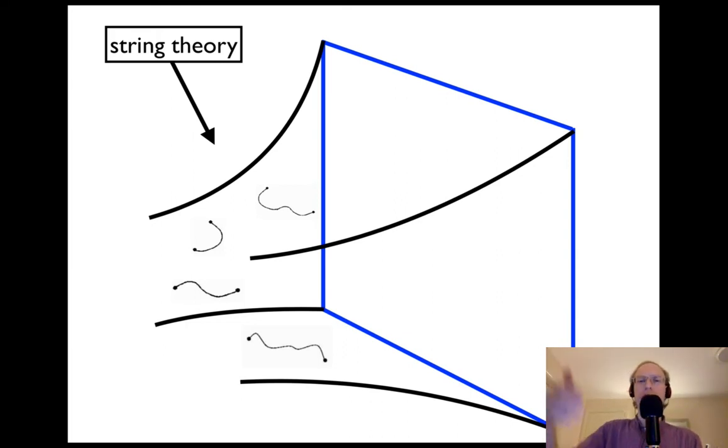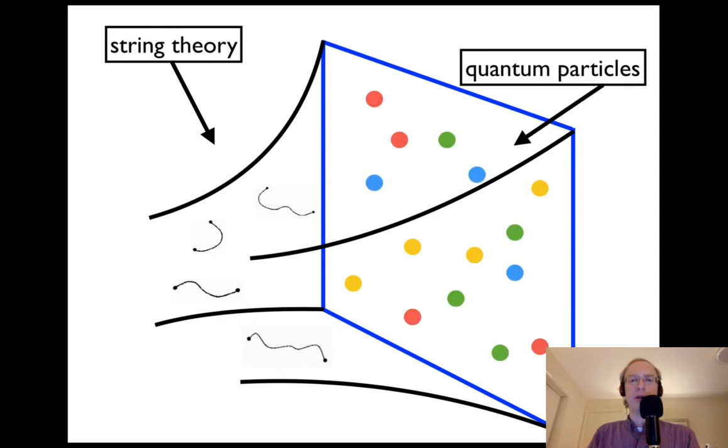It's supposed to be in the background. It's a wall where the space ends. So the strings can move around in the space, but then if they try to go too far, they'll hit the wall and bounce off and come back. And they can't leave. So Maldacena was studying this, and he made a remarkable discovery. He discovered that there are quantum mechanical particles living at this boundary.